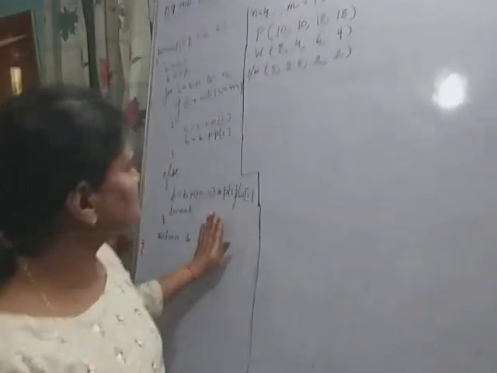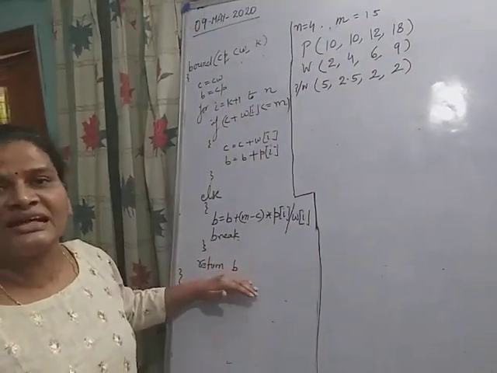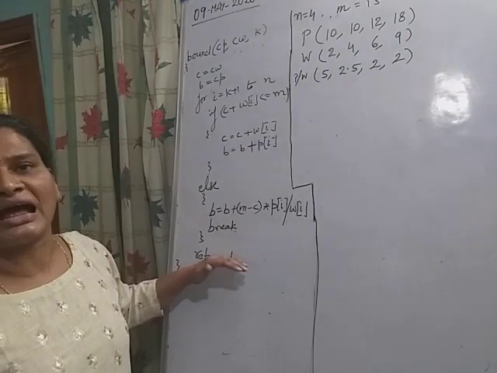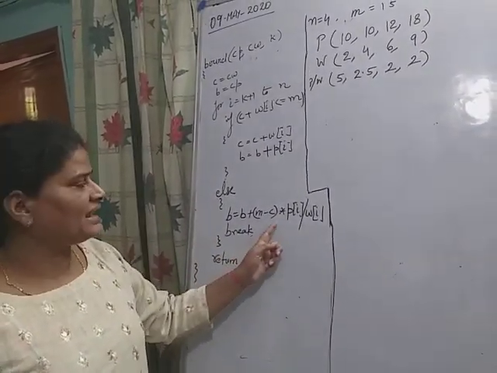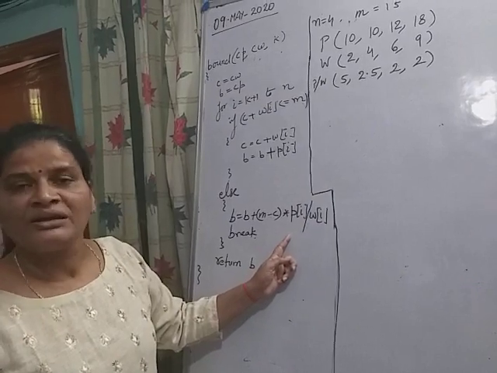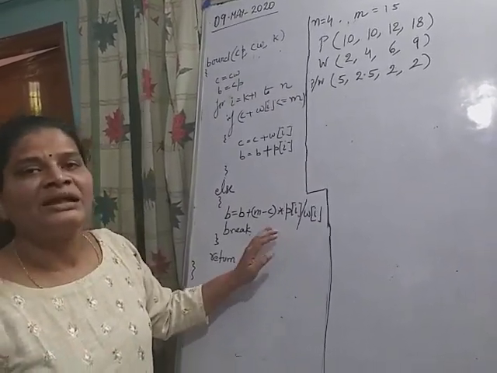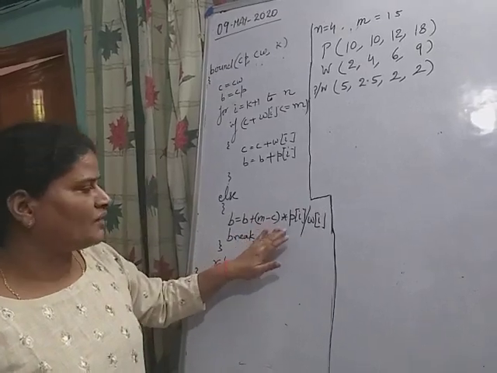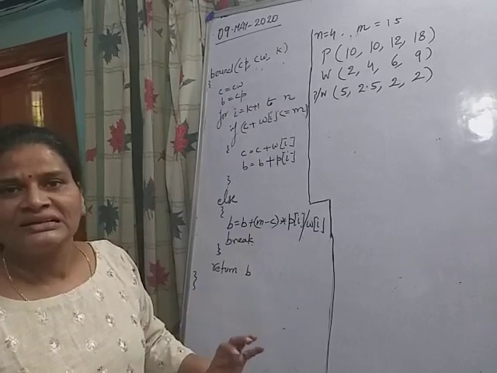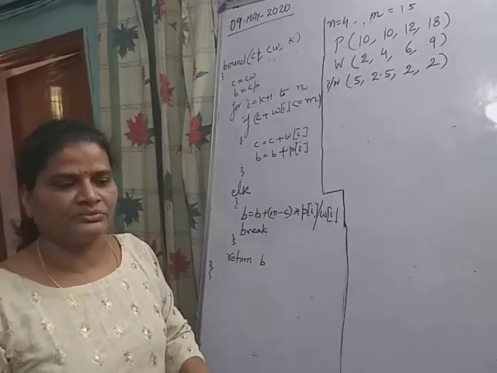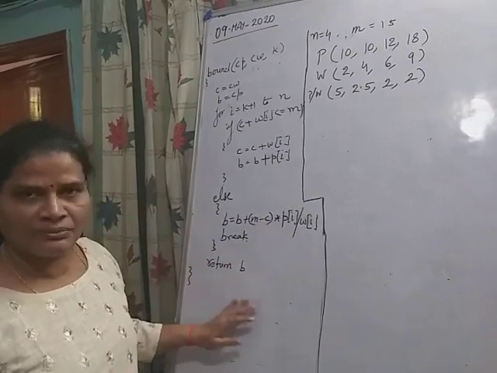This function is the same as the function I used in backtracking, but in backtracking I typecasted it with float. Here, because this is an algorithm, I am not typecasting it with float. I am taking the profit vector, weight vector and the knapsack capacity as real float, so this expression will not create a problem.